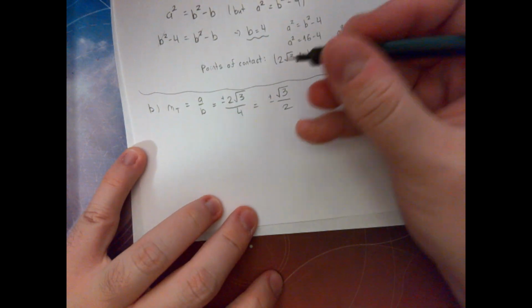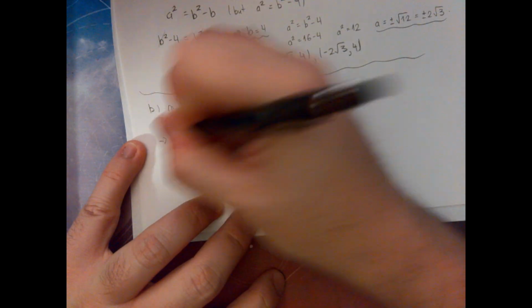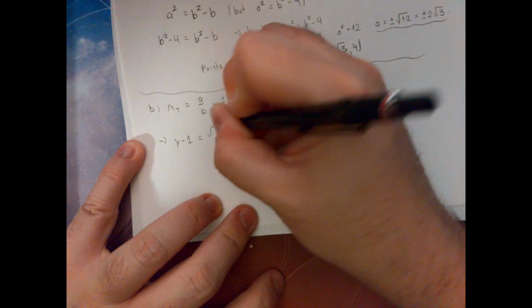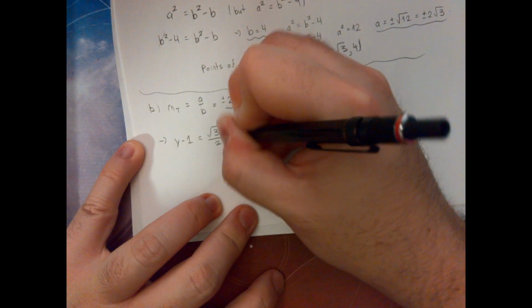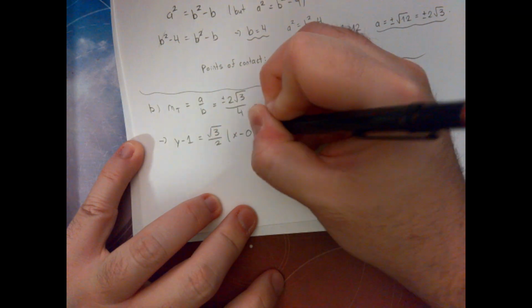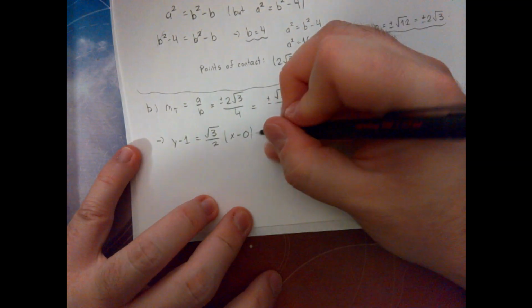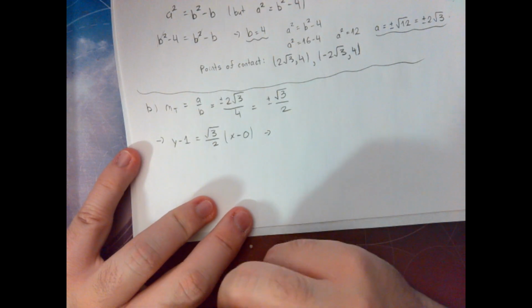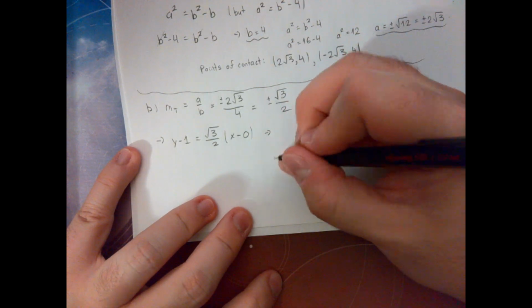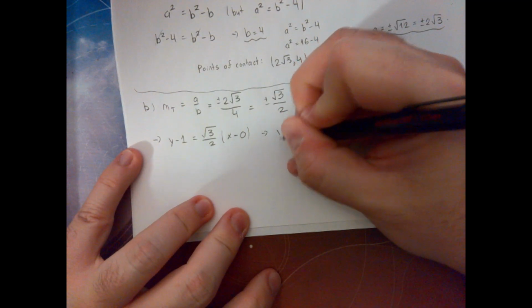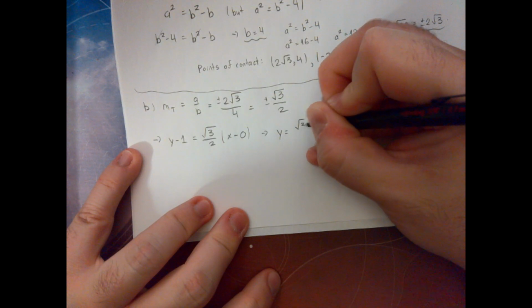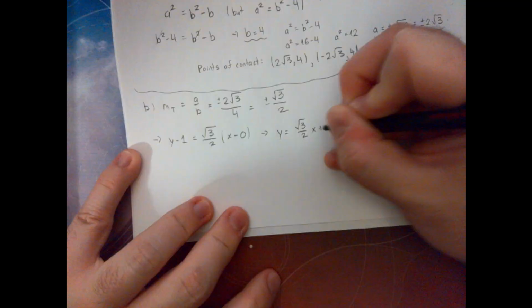So for tangent number 1, I get y minus 1 is equal to root 3 over 2 times x minus 0, which is nice and easy, and simplifies. It doesn't even specify which form we need to put our line in, but I'm just going to put it into slope-intercept form. When I manipulate, it's going to be y is equal to root 3 over 2 x plus 1.